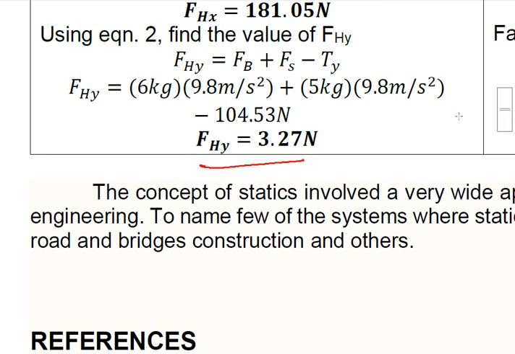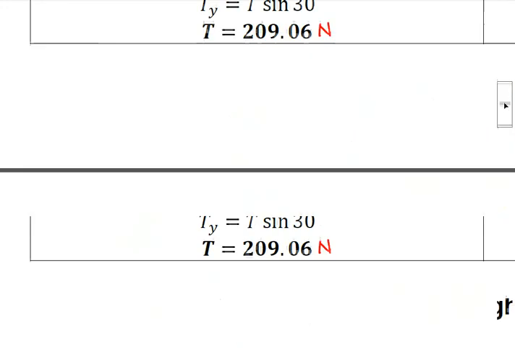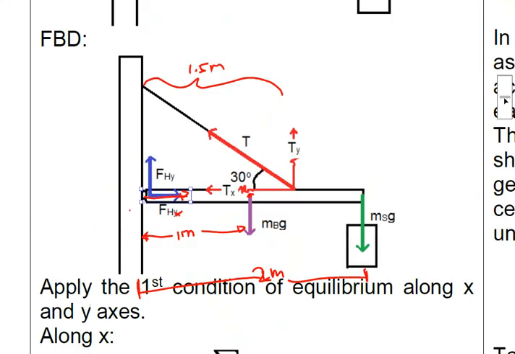So you have your force HY and HX, then the T. Let me go back to the figure. If you take a look at this vertical force and the horizontal force, the resultant of these two, if we take the sum, will go in this direction, somewhere there.